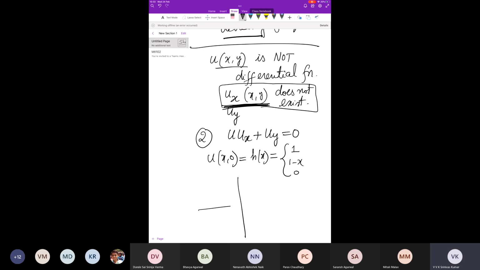Hx is defined for x less than or equal to 0, and between 0 and greater.